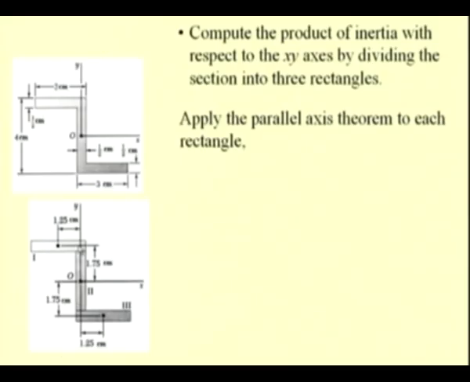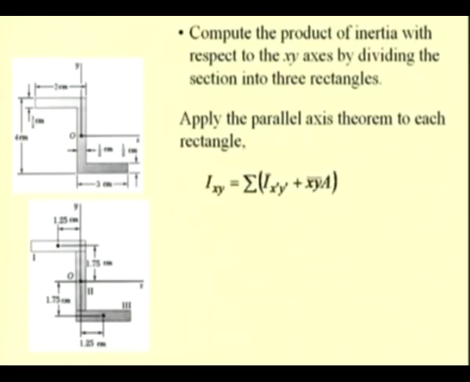So, these are the three areas, that is 1, 2 and 3. The locations of their centroids are given here, that is, for this area 1 it is located at 1.25 centimeters in the negative x direction, and it is located at a distance of 1.75 centimeters from the x axis.